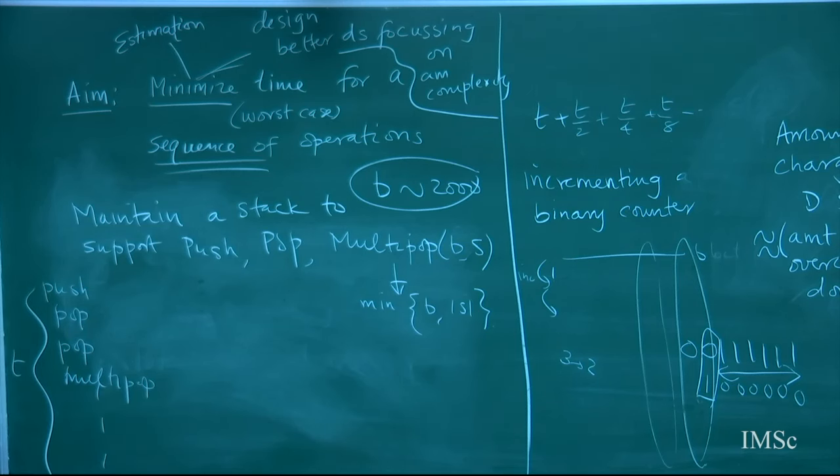We looked at both the aggregate method and the potential method. So what was the aggregate method argument?